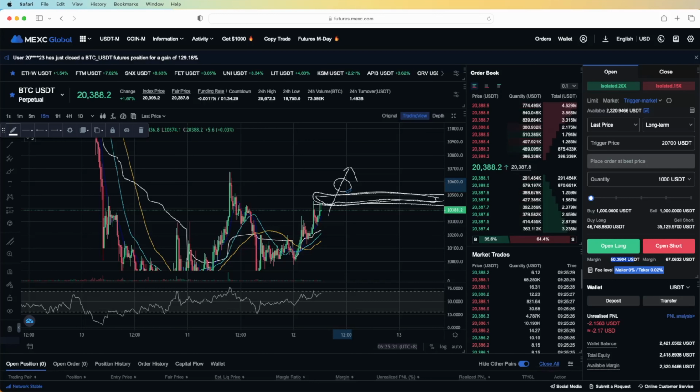For the short position, it's exactly the same, because the money that you put in divided by the leverage that you put, they're gonna give you the margin here.